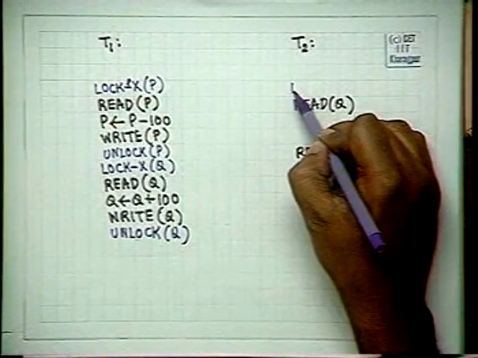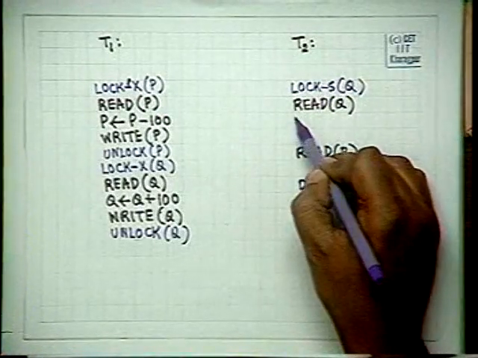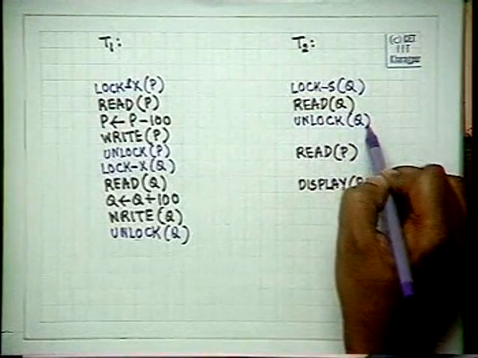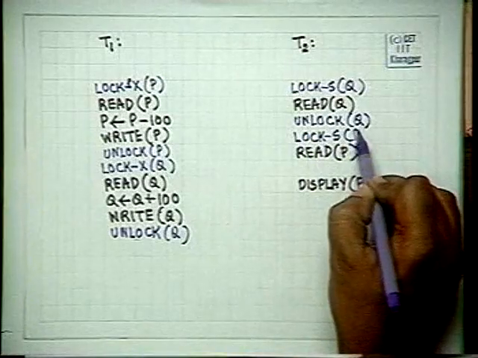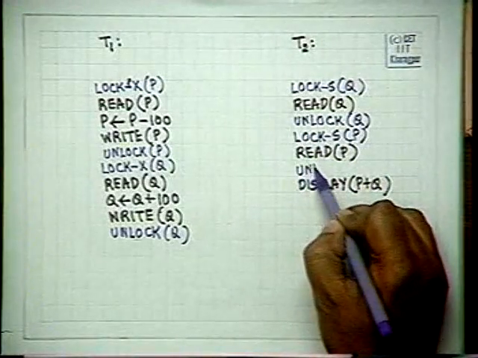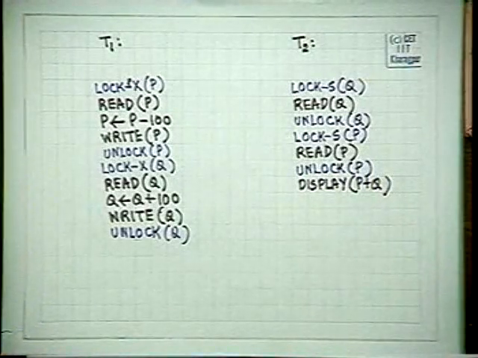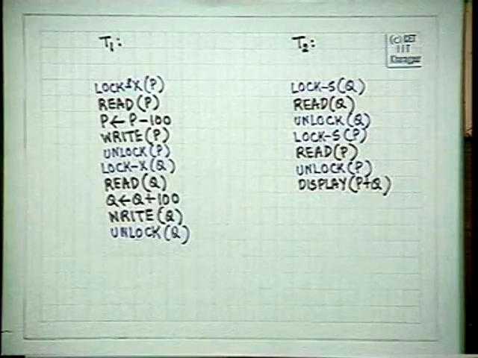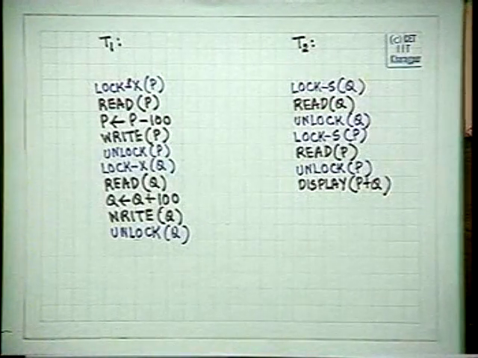and this would do lock SQ, unlock Q, lock SP, unlock P. Normally, whenever we use a data item, before we read it, we lock it, and after we have written it, we unlock it.